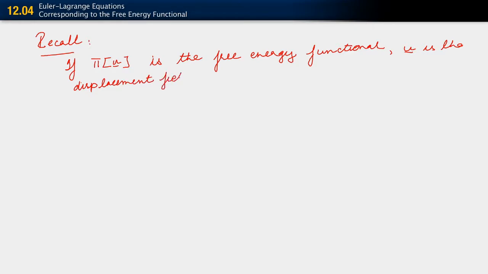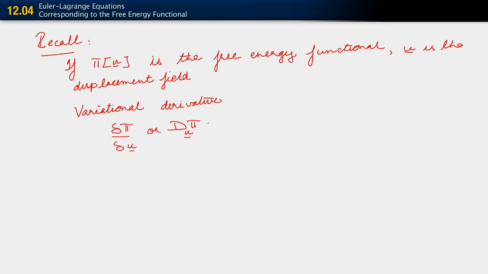U is the displacement field. Then we said that the variational derivative is this one. We decided to denote it either as delta pi over delta u or d pi with respect to u.